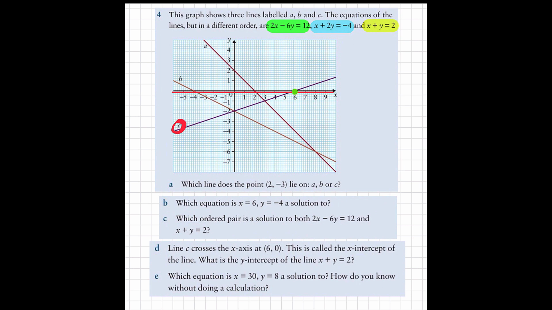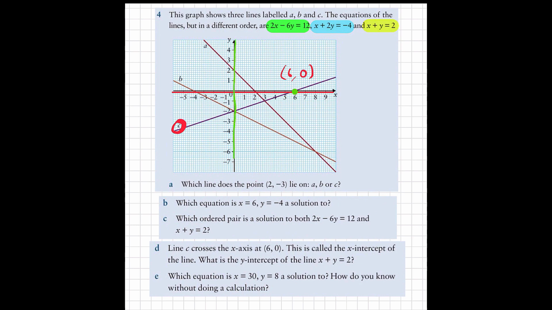So at the x-intercept, what do we know? Well, at the x-intercept, the x is wherever it's crossing, so 6, but the y is always going to be 0.